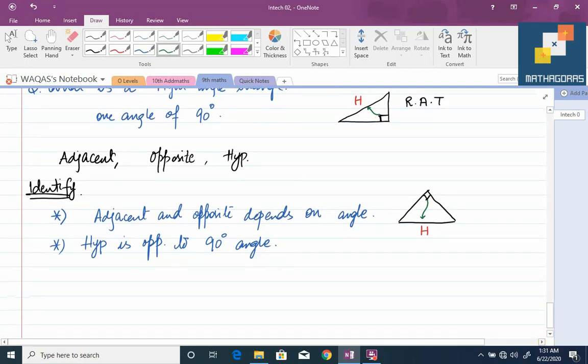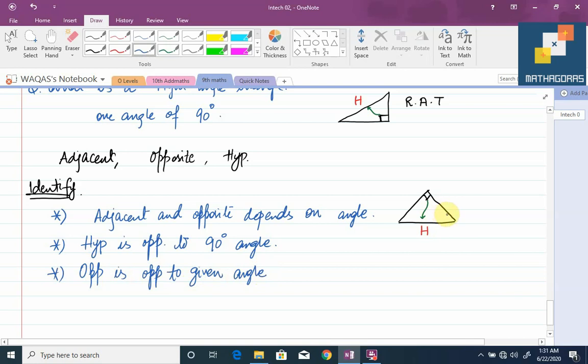Now how do we differentiate between opposite and adjacent? Opposite is opposite to the given angle. Now what does it mean?